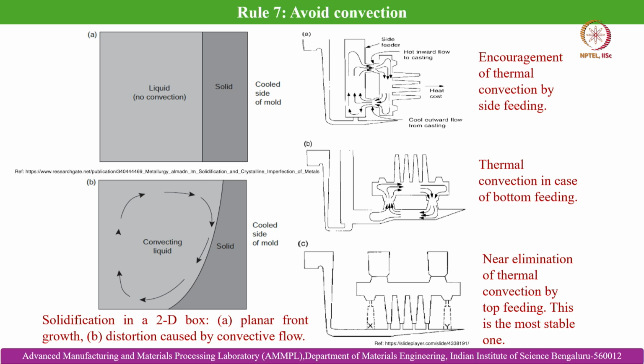What we can do is effectively design the dies so that we can feed the mold cavity in such a manner that it helps reduce segregation, and thereby helps avoid convection and convection driven defect generation within the solidifying object.